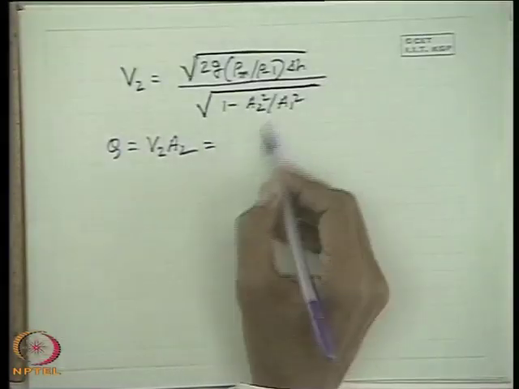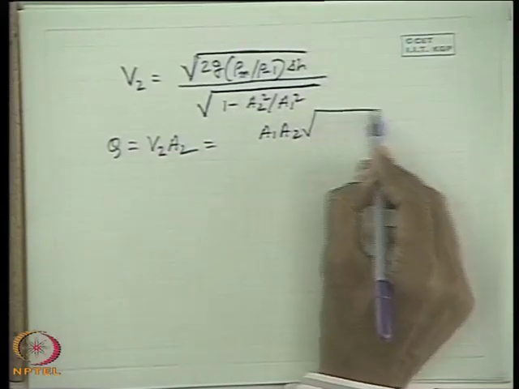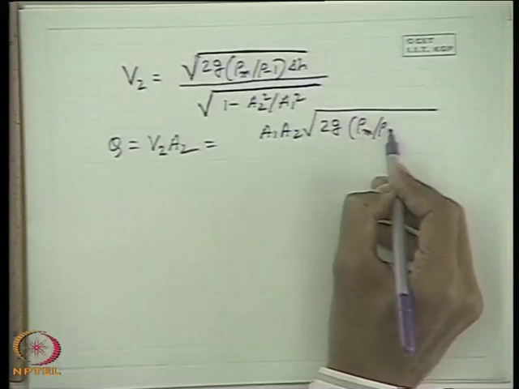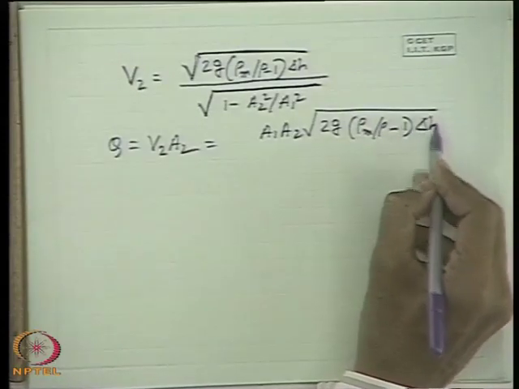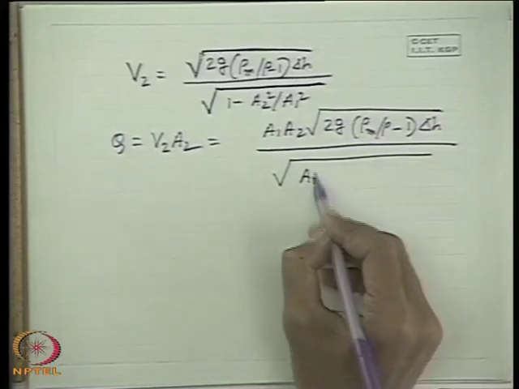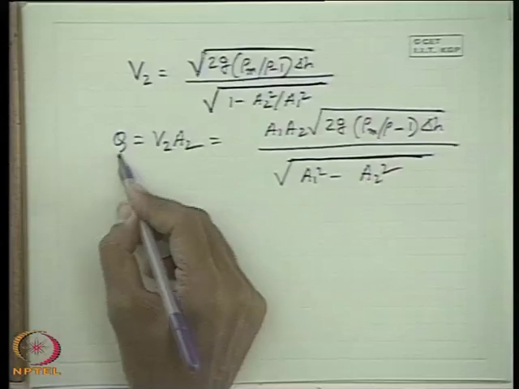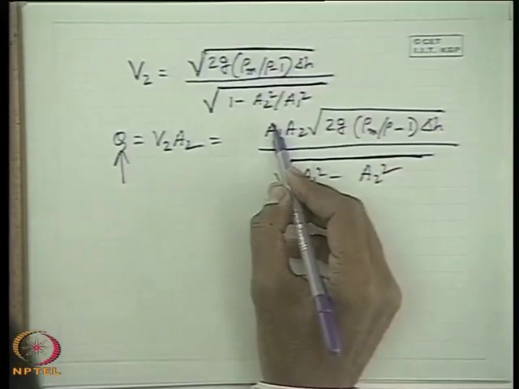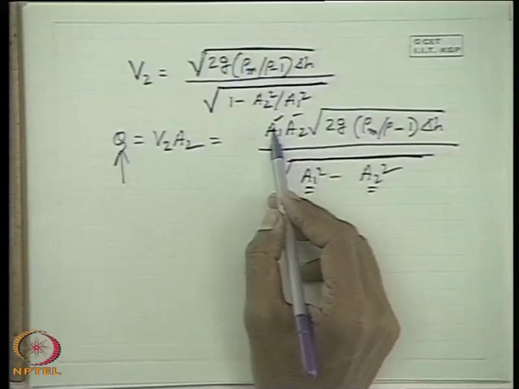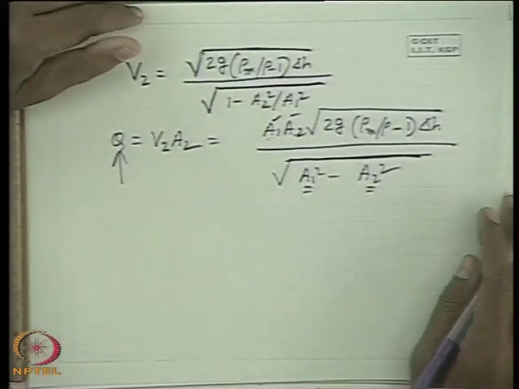So if I simplify with A1 and A2, then Q is root over 2g into rho m by rho minus 1 into delta H, divided by root over A1 square minus A2 square. Now see that I can find out the flow rate if I know the areas of the venturimeter, that is, the venturimeter inlet and throat diameters are known, because it is known from the geometry of the venturimeter.